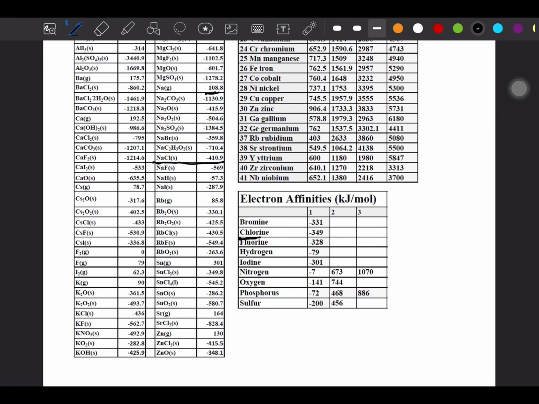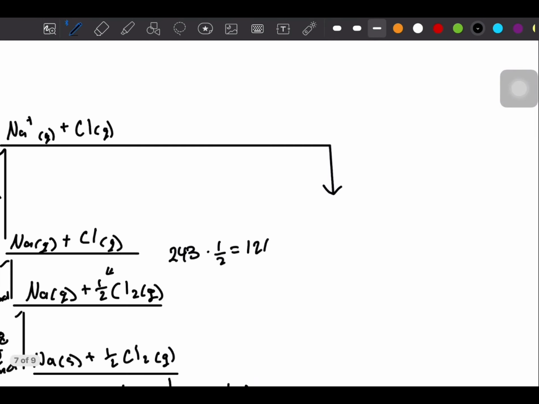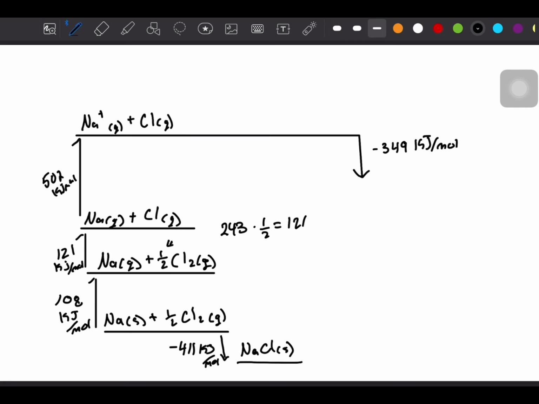Chlorine's electron affinity is negative 349. So negative 349 kilojoules per mole. And we write this equation as just Na plus gas plus Cl negative gas.